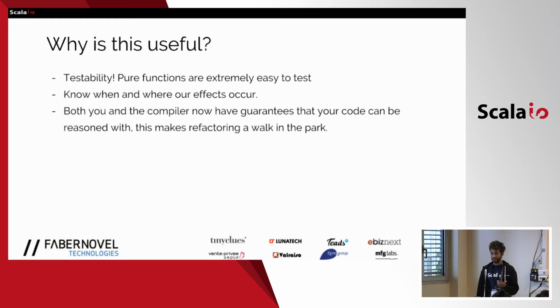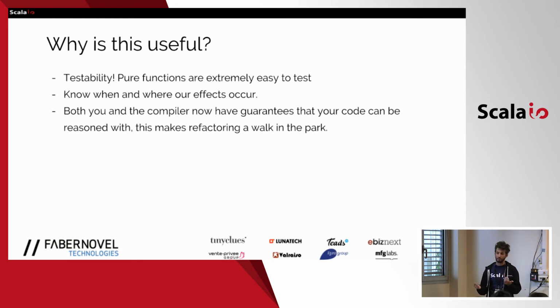And this also applies to the compiler, because if you think about it, when your code is guaranteed to not have any side effects, the compiler could make a lot of potential optimizations, but it could also make refactoring a lot easier, right?